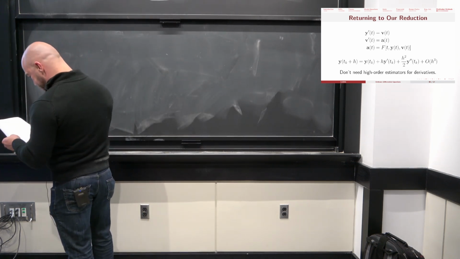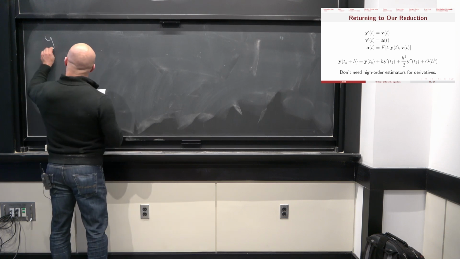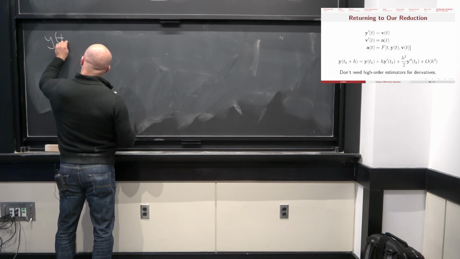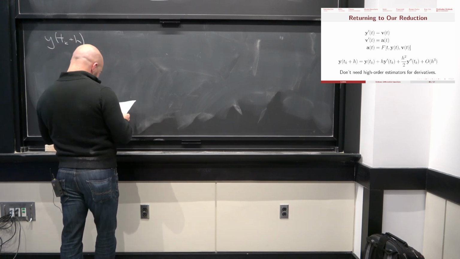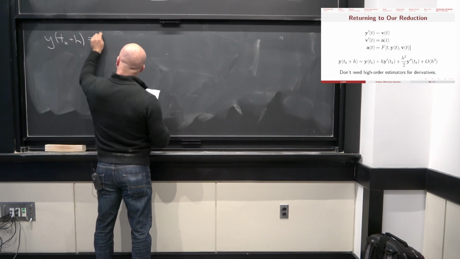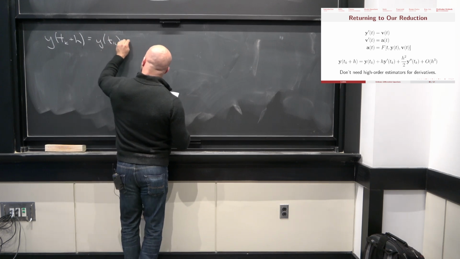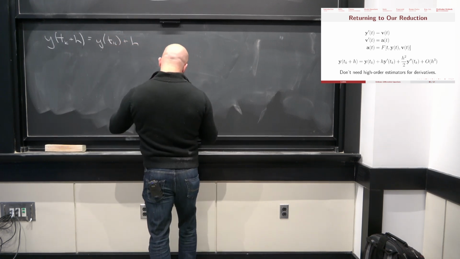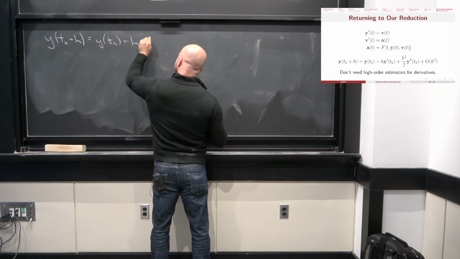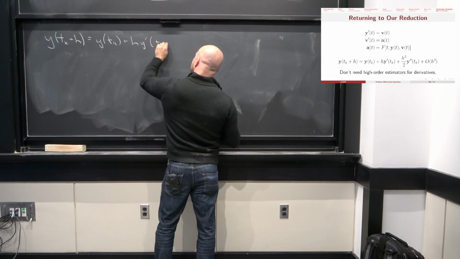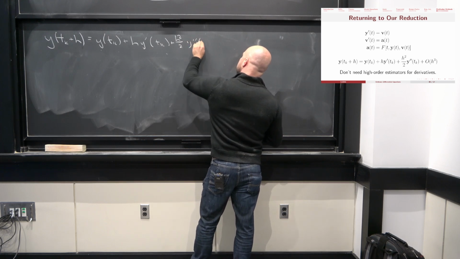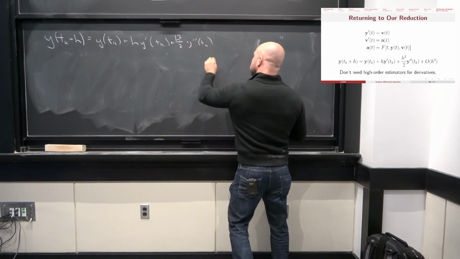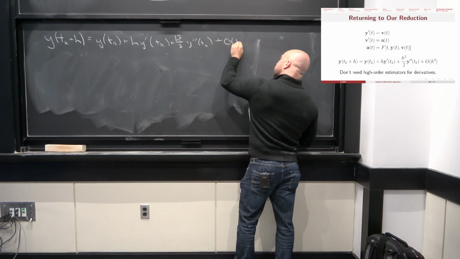A different way to do it: let's say that I was even in the first order ODE, and I wanted to approximate like this. I'm going to write the same expression we've in effect written about 5 billion times here, right? So this is h times y prime of tk plus h squared over 2 y double prime of tk, plus order h cubed.